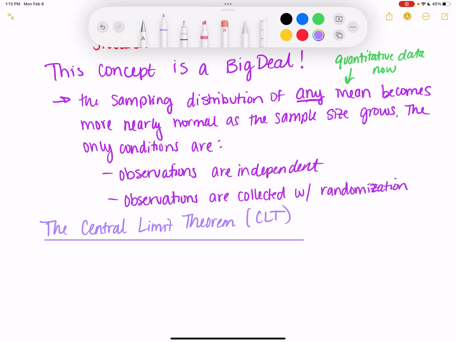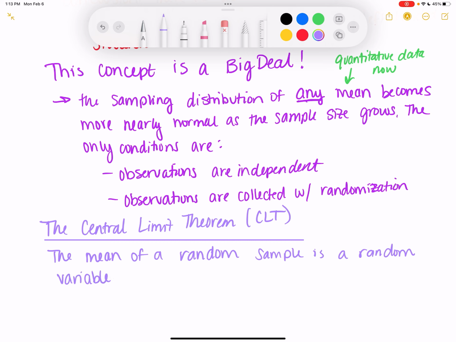And this is the mean of a random sample is a random variable whose sampling distribution can be approximated by the normal model.